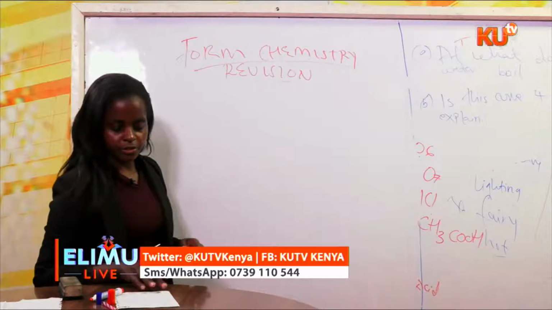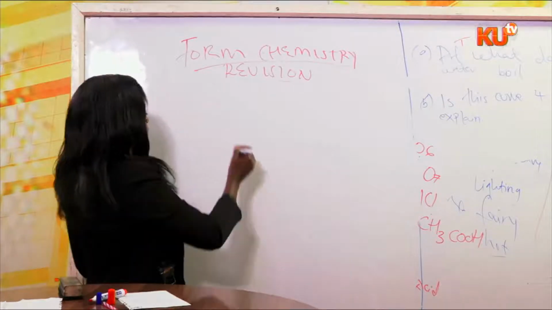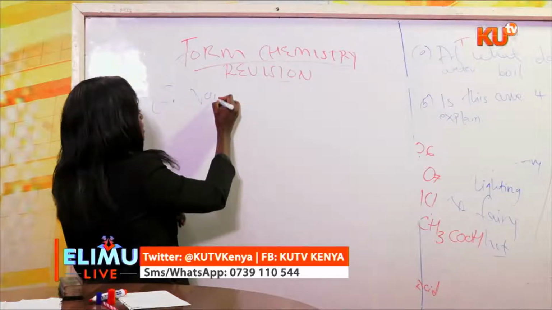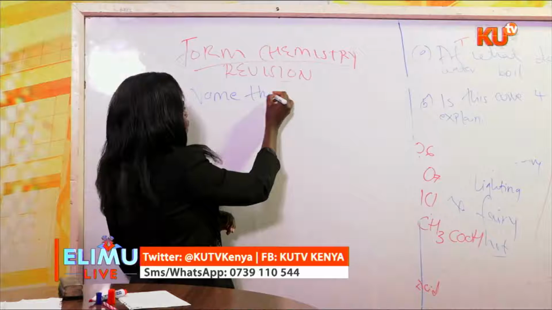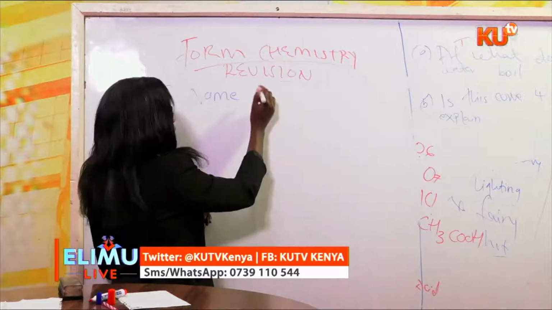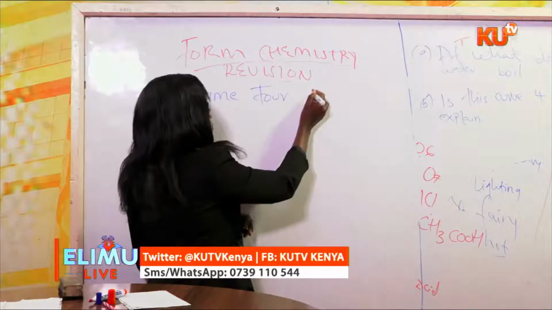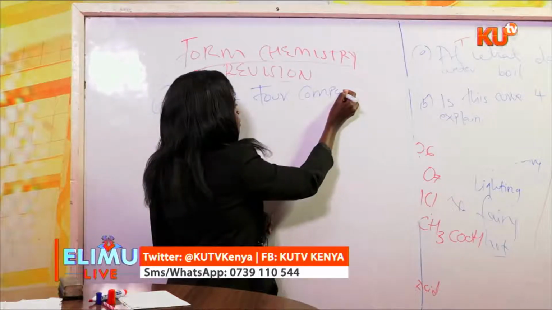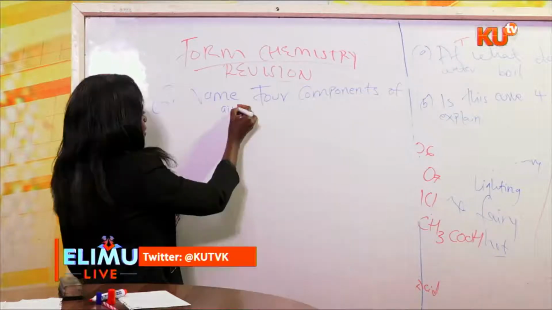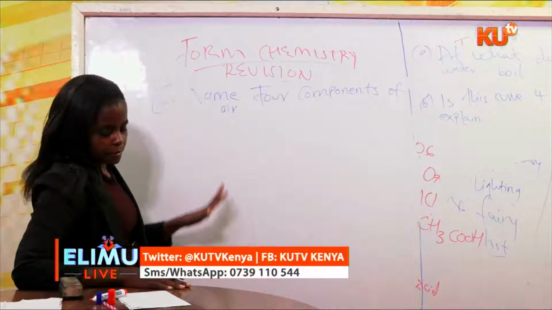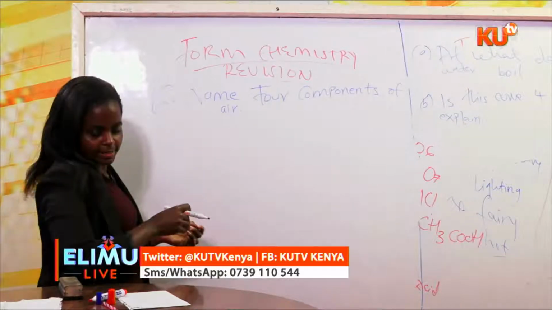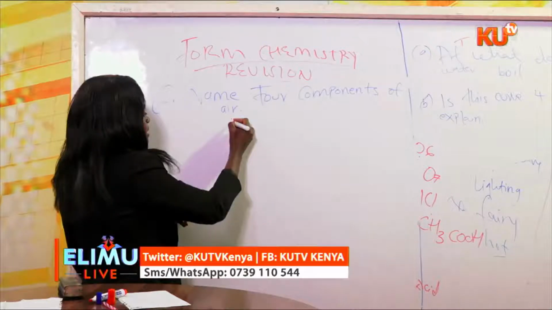So the next question is, I think it's question number 6, name 4 components of air. Now, we all know that nitrogen takes a bigger space in the air.